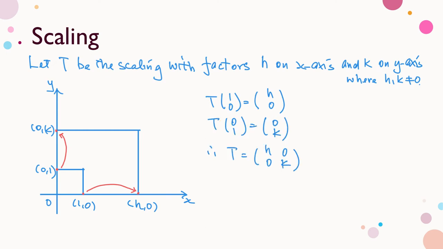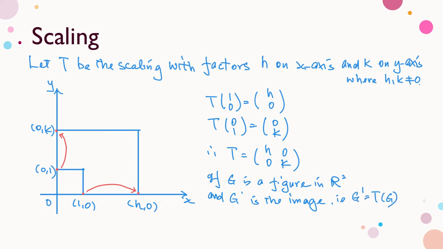Therefore, T is the diagonal matrix. If G is a figure in R2 and G prime is the image of G under T, then G prime and G are similar if the two scaling factors are equal, and area of G prime is hk times area of G.